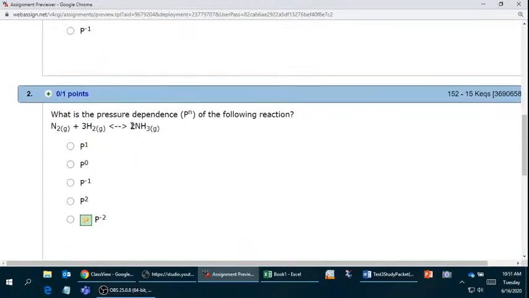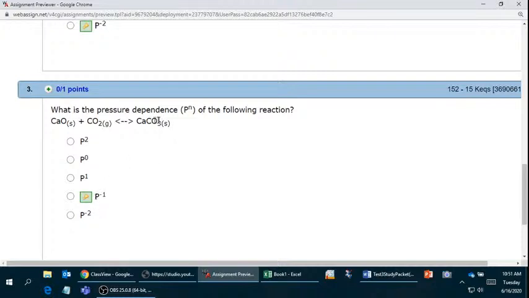For the next one, we have 2 moles of gas product. We have 1 plus 3, 4 moles of gas reactant. So 2 minus 4 will give us this -2. And for this one, we have 0 moles of gas on the product side, and we've only got 1 mole of gas on the reactant side. So 0 minus 1 is your -1 pressure dependence.